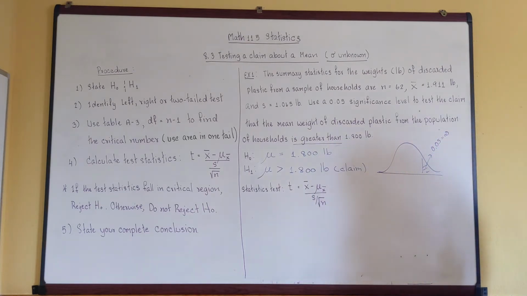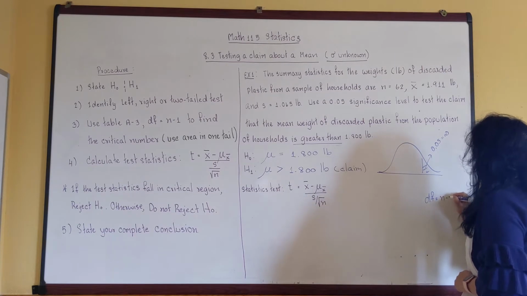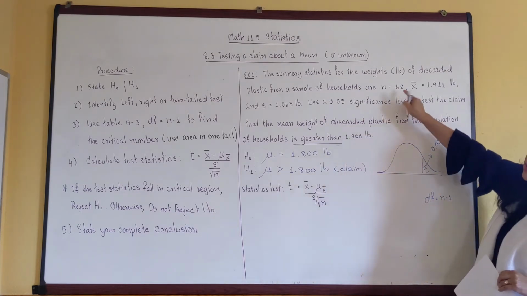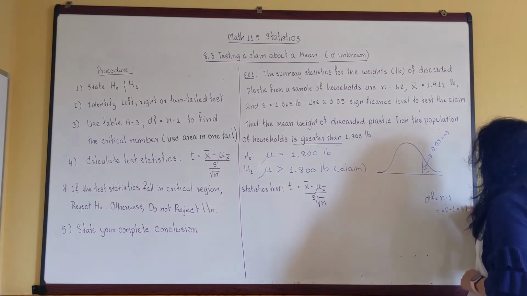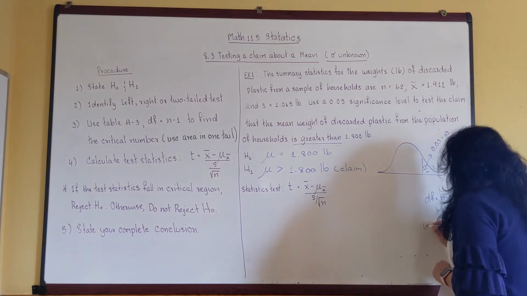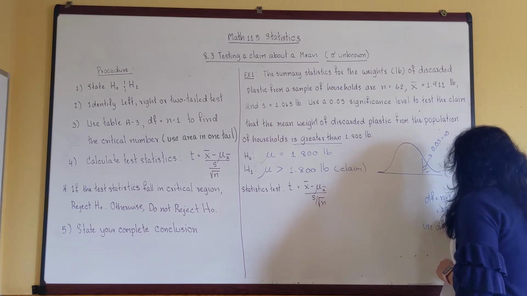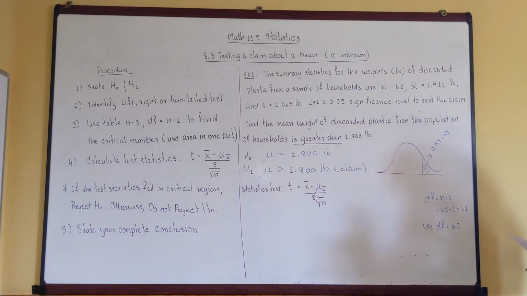Now you're gonna go to table A3. Degree of freedom is gonna be n minus 1. Our n is 62, so it's 62 minus 1, which is 61. If you look in the table, we don't have 61, so we're gonna pick the closest one, degree of freedom 60.